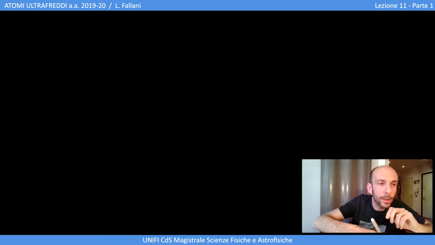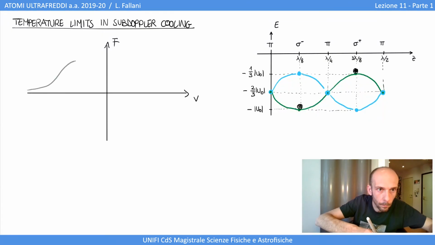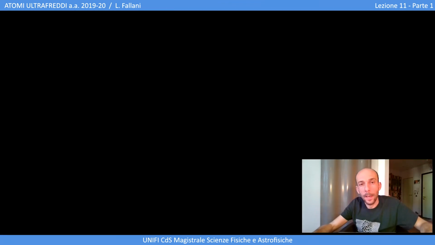When we discussed the theory of Doppler cooling, we demonstrated that the force as a function of velocity, F as a function of V, has this kind of character.